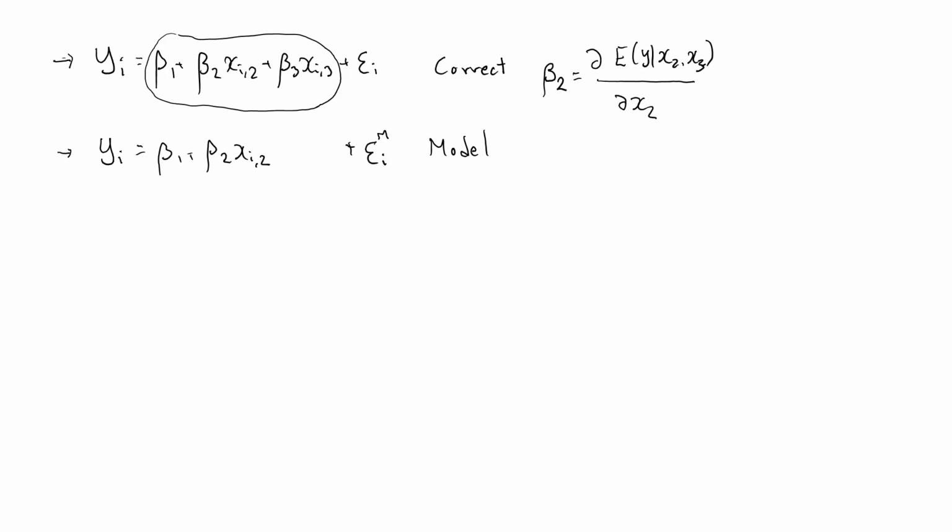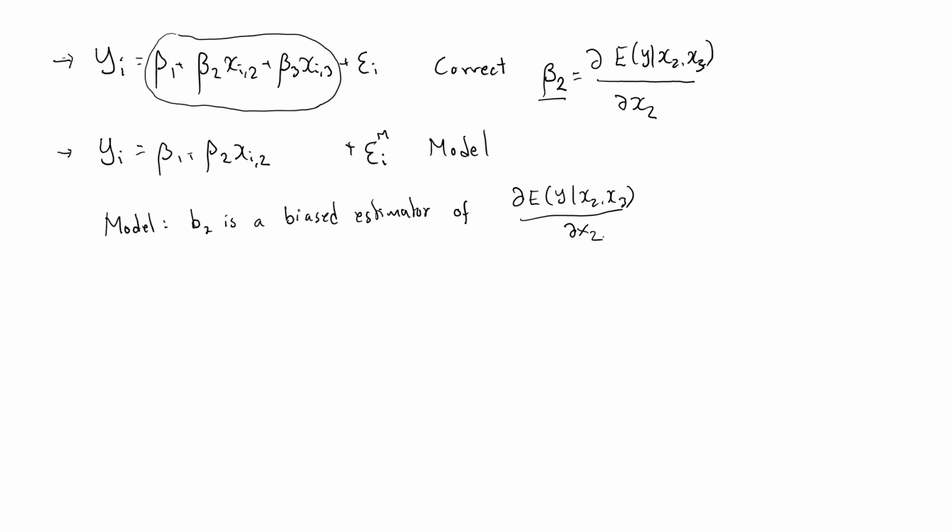So when we say that in our model B2 is a biased estimator, we mean that it's a biased estimator of this interpretation of beta 2. So it is a biased estimator of this one.